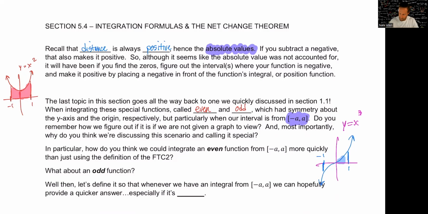But what's going to be true about this area? Well, it'll definitely be positive. And what's going to be true about this area, though? It's going to be negative.